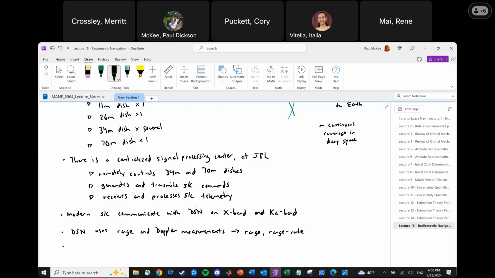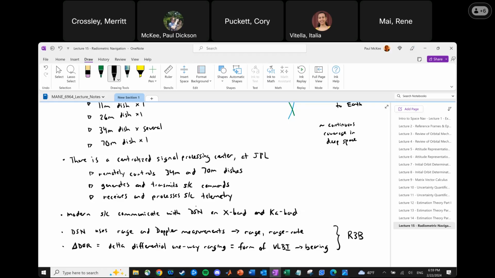It also has a technique called delta DOR, which you might read about in your journeys through academia, delta differential one-way ranging. It's a form of very long baseline interferometry, which means we have angular measurements as well from the Deep Space Network. So that tells us that we get our 3D measurements.